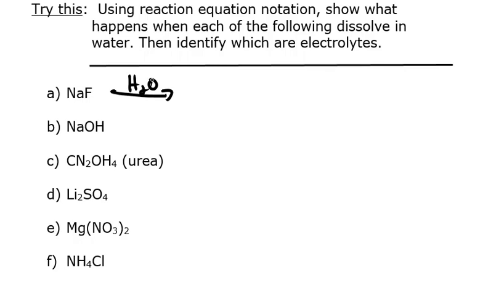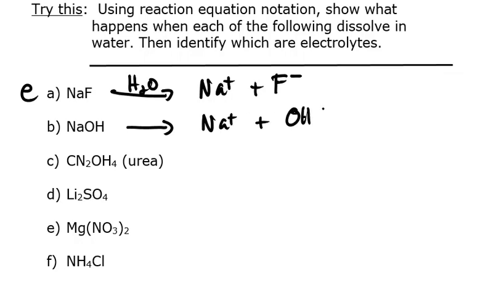So sodium fluoride, that's the sodium atom and the fluoride anion. And then we're also supposed to say whether it's an electrolyte, and if it separates into charged species, it's an electrolyte. So that is an electrolyte. Sodium hydroxide, that will become sodium plus, and hydroxide is a polyatomic ion, so it stays intact as an ion.